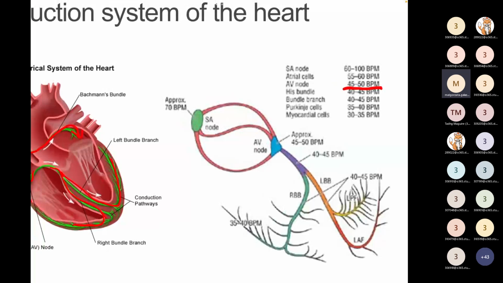Purkinje fibers can generate action potentials with a frequency between 35 and 40 action potentials per minute. These frequencies are far too low to maintain proper physiological cardiac output, so the amount of blood pumped by the left or right ventricle during 1 minute. So basically, these frequencies do not allow the heart to pump enough blood to the body.